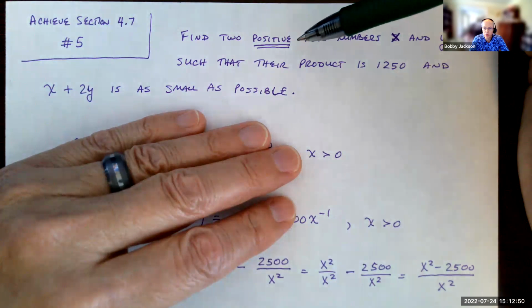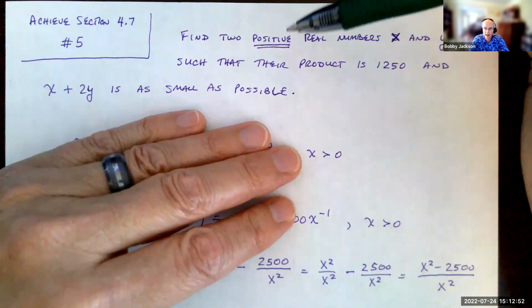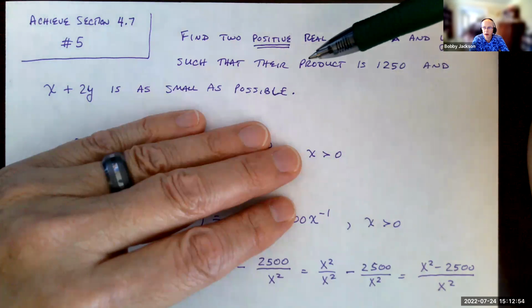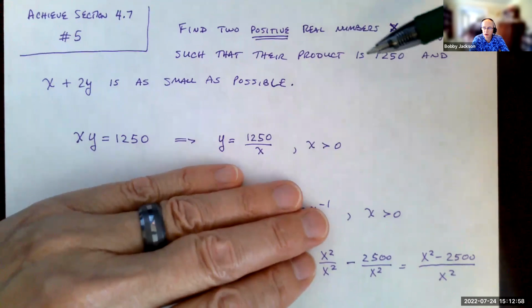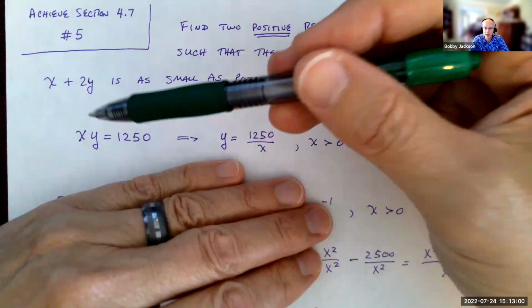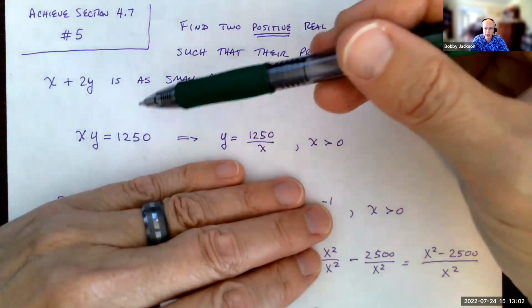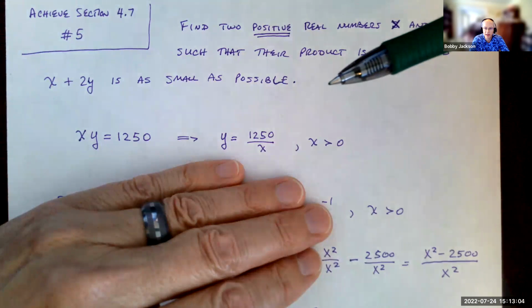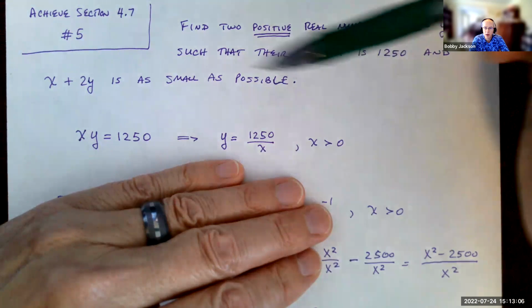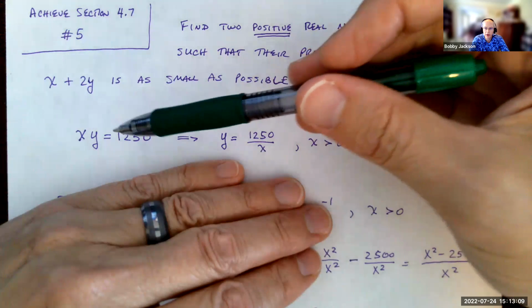Okay, so they do give us the variables x and y. That's good. So when we talk about their product being 1250, we know then x times y is 1250, right? That's the given information. And I can solve for either x or y.